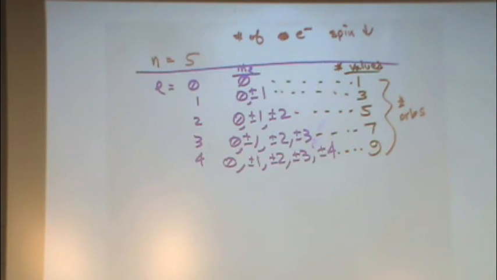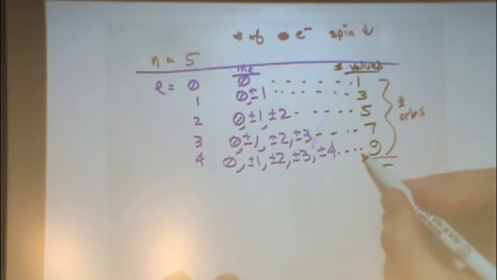There's 1 up, 1 down. So, how many spin down electrons are here? 25. You just add these up. I added all those 5 values up, 25 that are spin down, 25 are spin up, for a total of 50. 2 per orbital, and there's 25 orbitals in this situation.